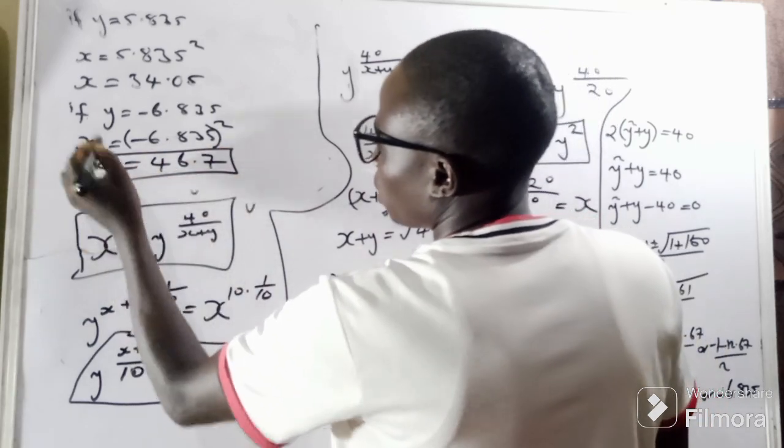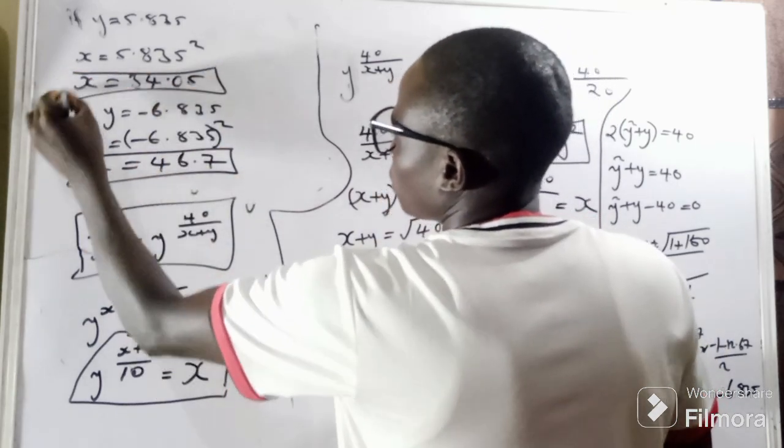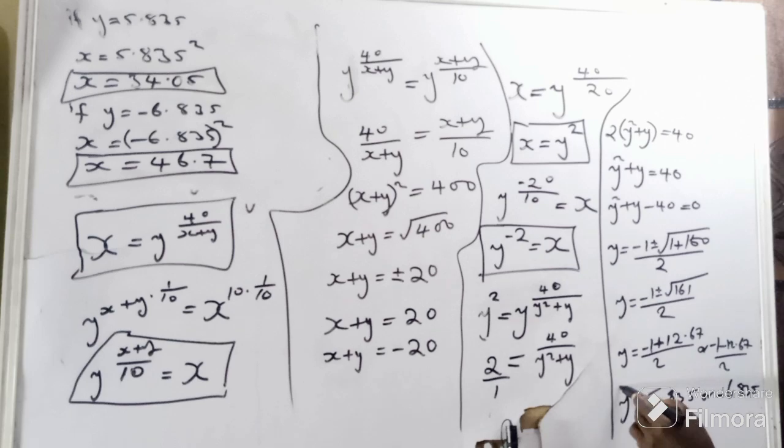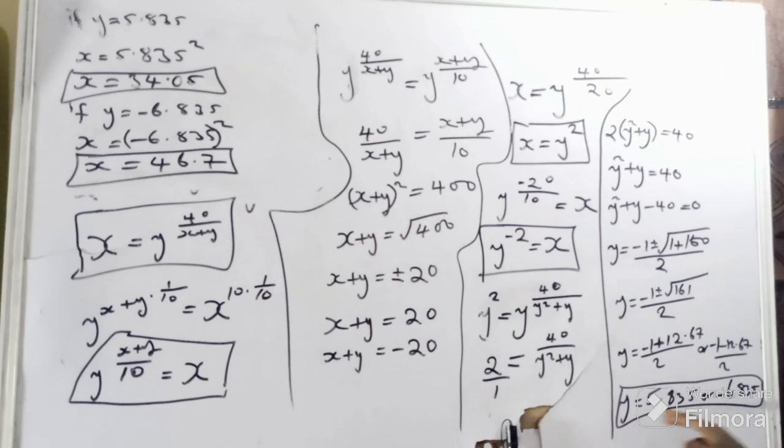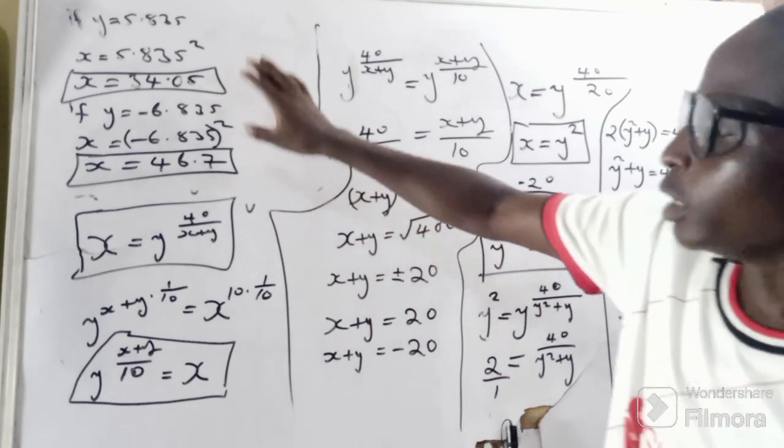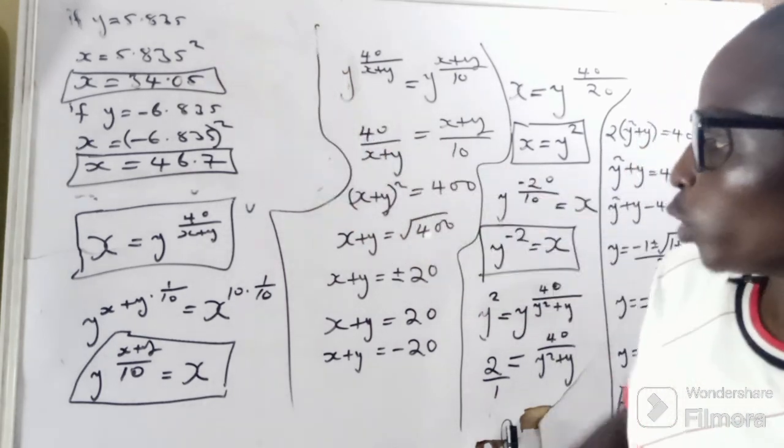So these are the respective values of x and y in the given equation.